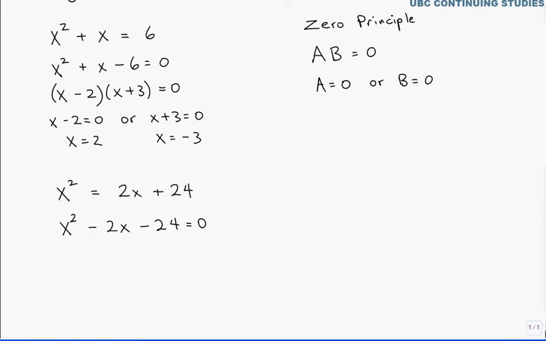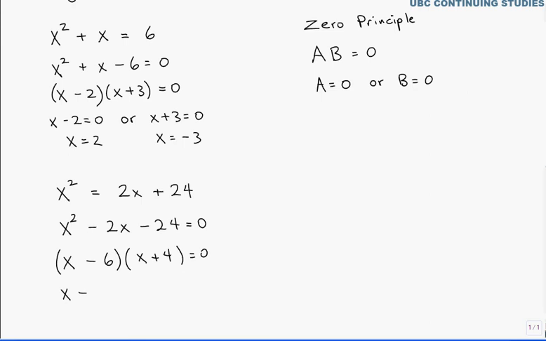All right, now we just have to factor that trinomial, looking for two numbers with a product of negative 24 and a sum of negative 2. So those two numbers are 6 and 4. Make sure you get the negative correct. It's going to be negative 6, so x minus 6, and positive 4, so x plus 4, equal to 0.